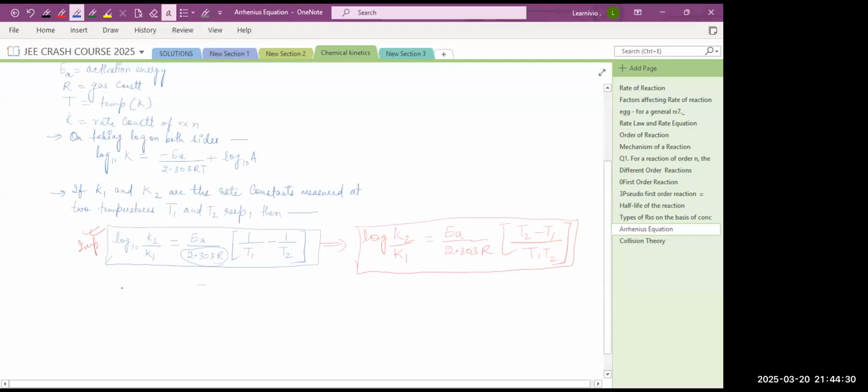Write down this formula also: log K2 upon K1. When you substitute the value of R, the gas constant, and multiply it, you get the simplified value 19.14, and then T2 minus T1 upon T1 into T2. So you can calculate using this formula also.